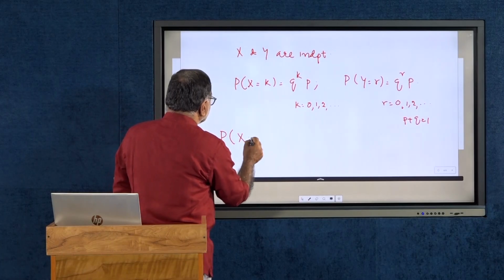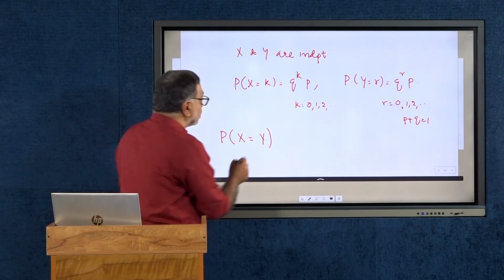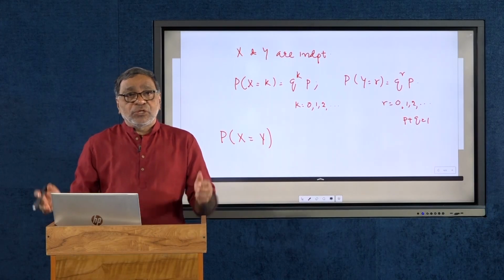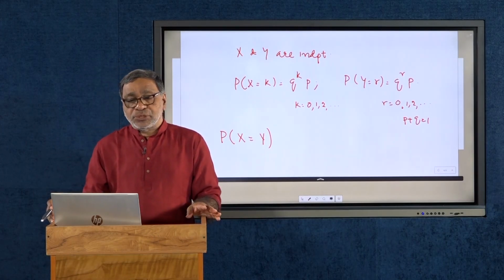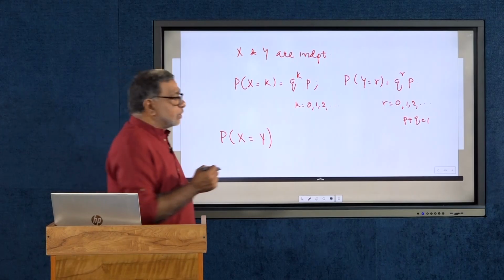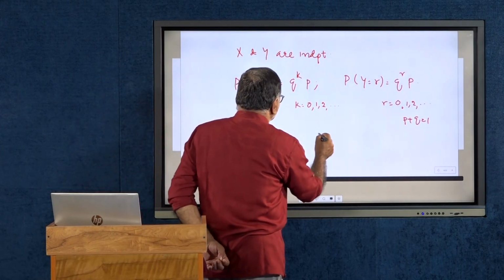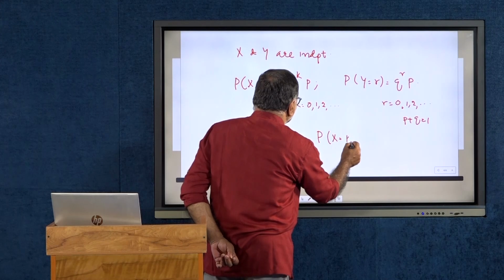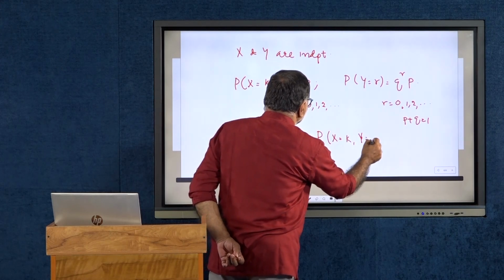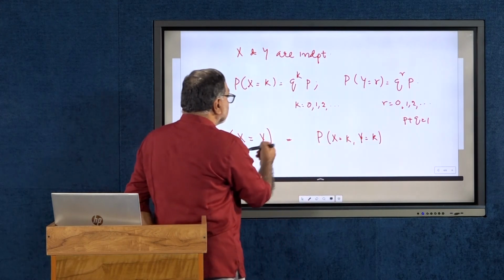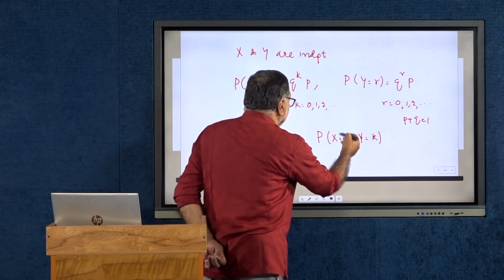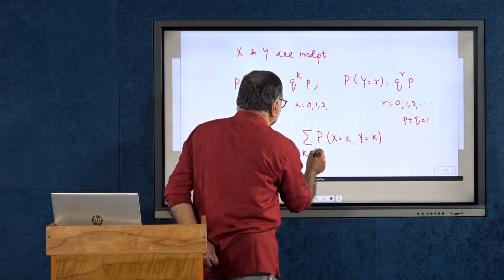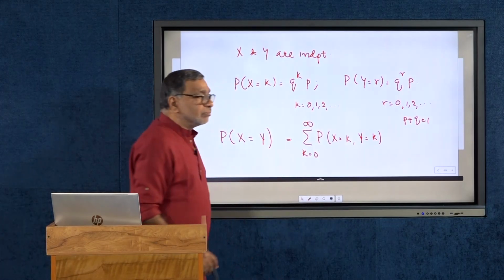Probability of X equal to Y. That is, you are asked to find the probability of equality of two random variables. How is it possible? If X is a random variable having the value k, then Y should also be equal to k, then only X is equal to Y. And what are the possible k values? All possible values of the geometric random variable, that is k equal to 0 to infinity.